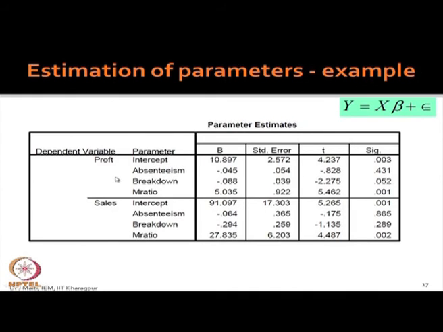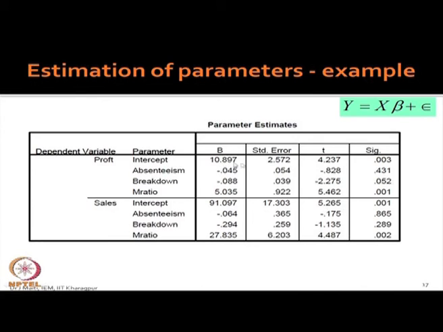Now, see the profit intercept, 10.897, and its standard error, using that same formulation with (X transpose X) inverse and C_jj, is 2.572. And what will be the t value? The t value, under the null hypothesis H0 that beta_kj equals 0, is the estimate divided by the standard error.